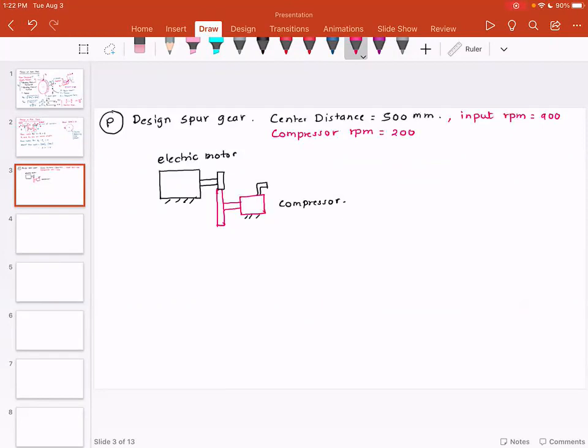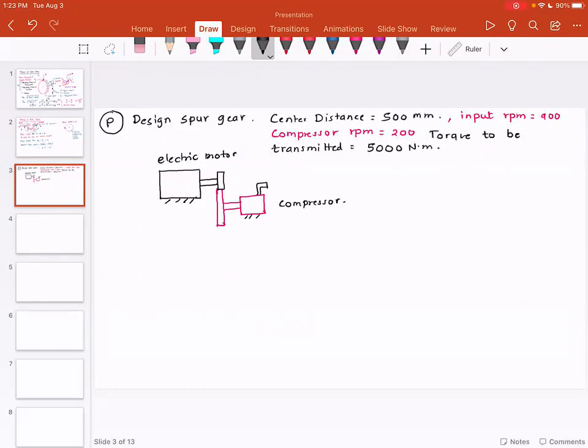The torque to be transmitted is 5,000 Newton meter.